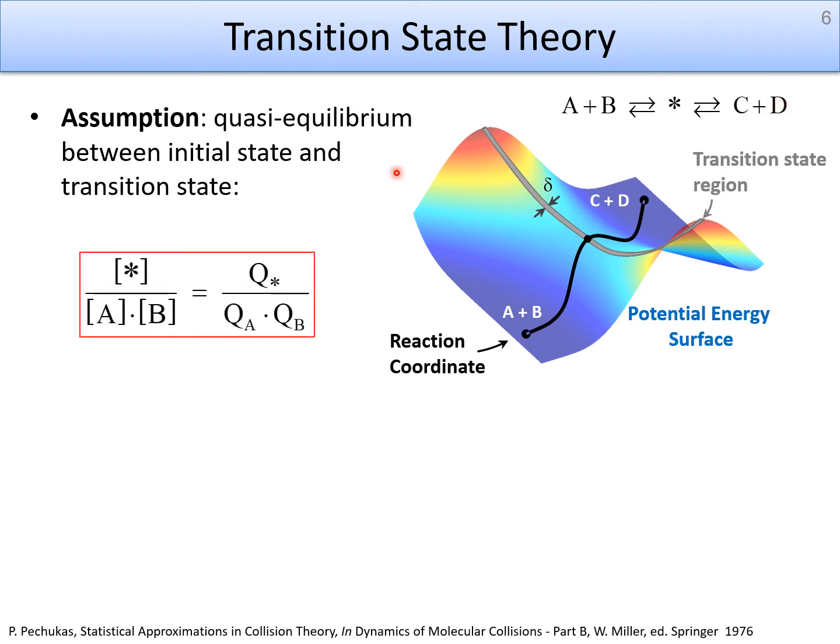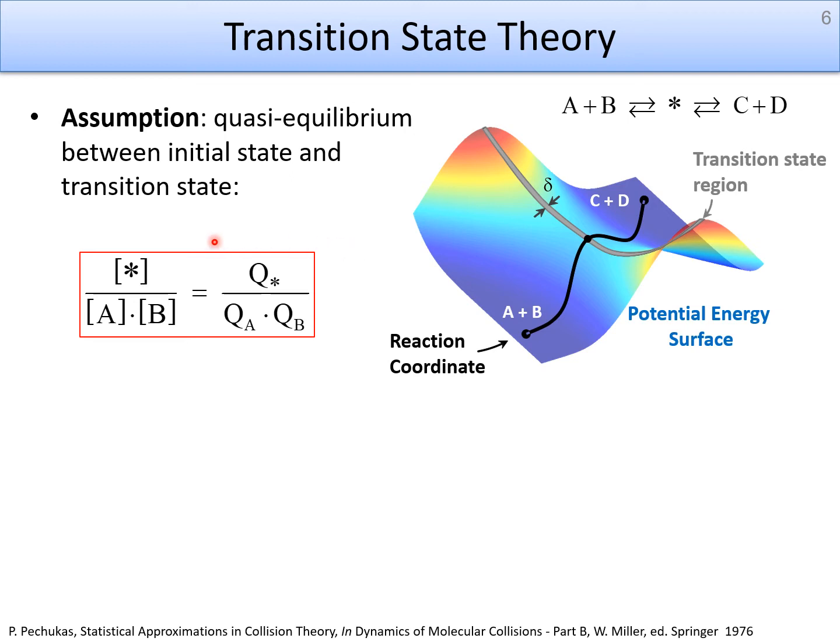So by assumption of this quasi-equilibrium, we can write our first important equation that we will use in deriving the final formula of the rate constant from transition state theory.